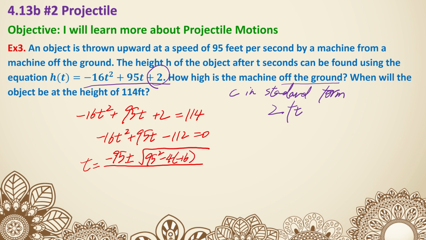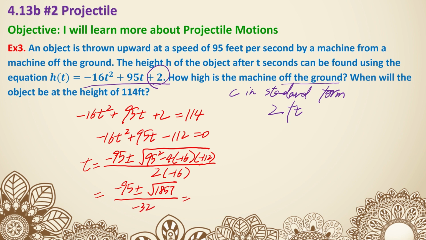My a is negative 16. My c is negative 112. All over 2a, so it's 2 times negative 16. And that would actually give us negative 95 plus minus the square root of 1857, and we're going to divide by negative 32.